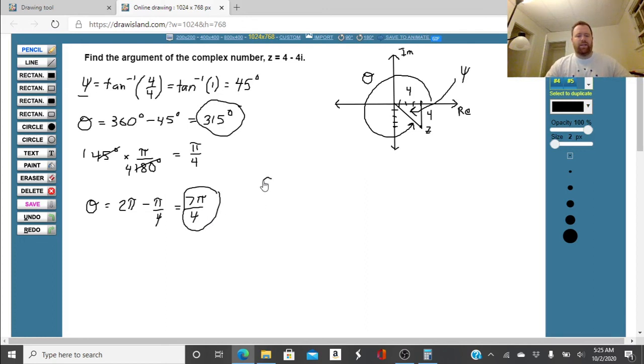Now remember, we could write it as arg z, like this. That equals 7 pi fourths in this particular case. Okay, so arg z equals 7 pi fourths.